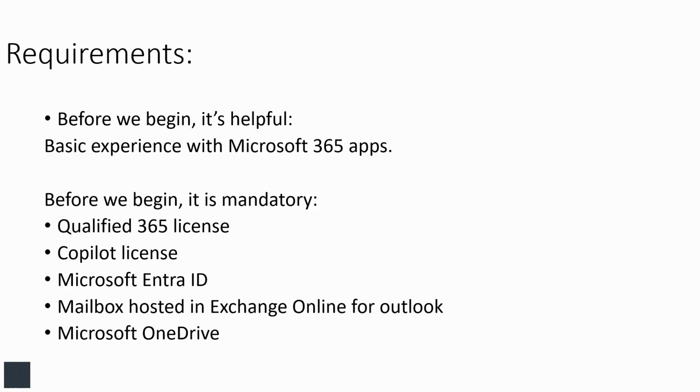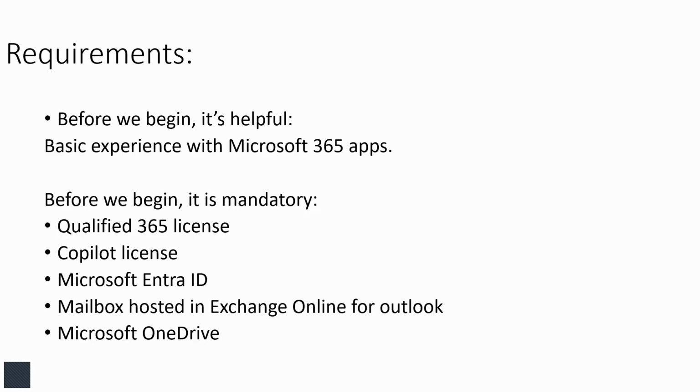Okay, students, I know you are from different backgrounds, and probably have no idea. You may say, how can I control this? I'm not in charge of licenses where I work. I'm not setting up the Microsoft Entra ID, mailbox, or OneDrive.